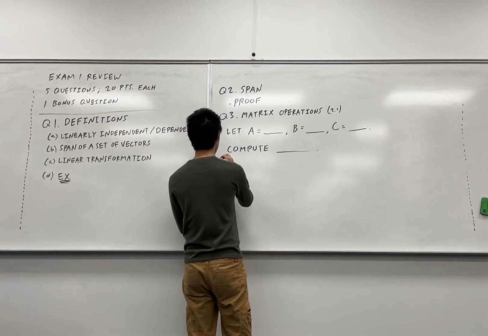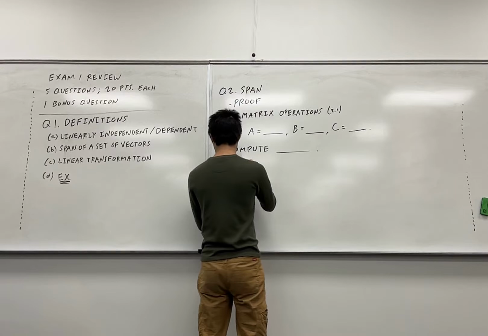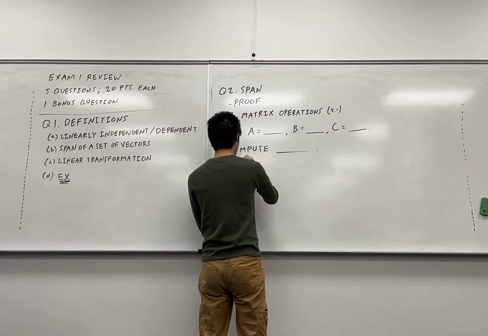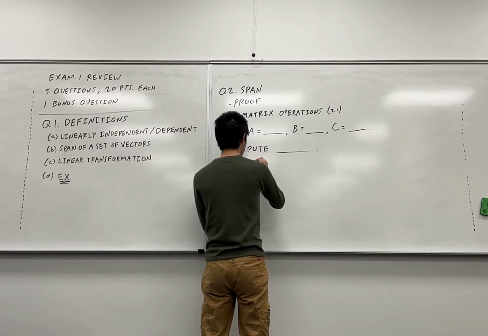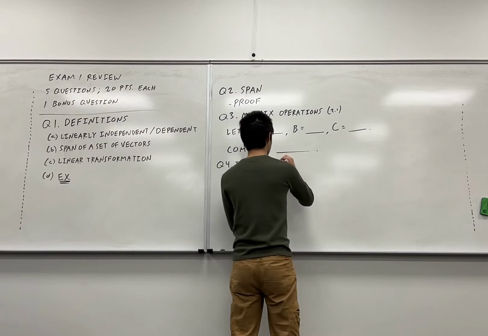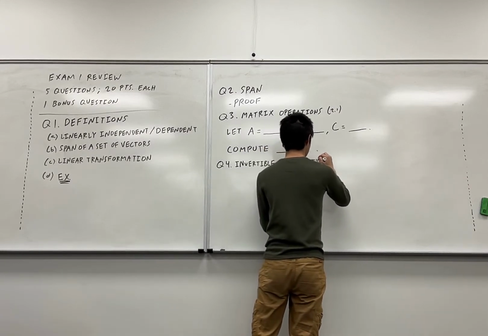The last two questions are the easiest in my opinion. So it's a reverse. Question 4 is all about our favorite invertible matrix theorem.